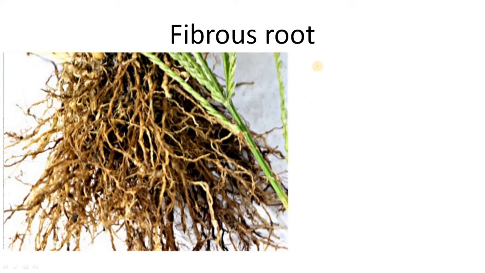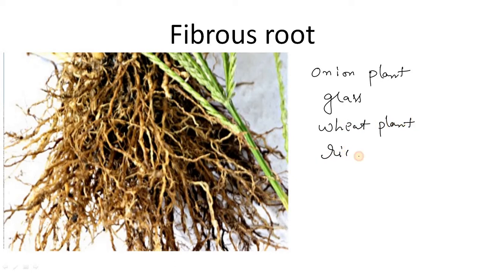So examples for fibrous roots are, see, onion plant, and we can say grass is also an example of fibrous root, wheat plant, right, and rice plant, right? So these are some of the examples of fibrous plants.